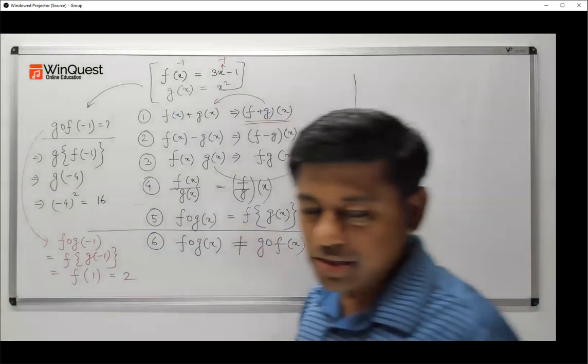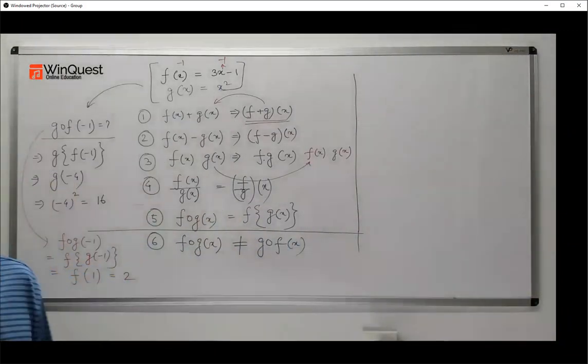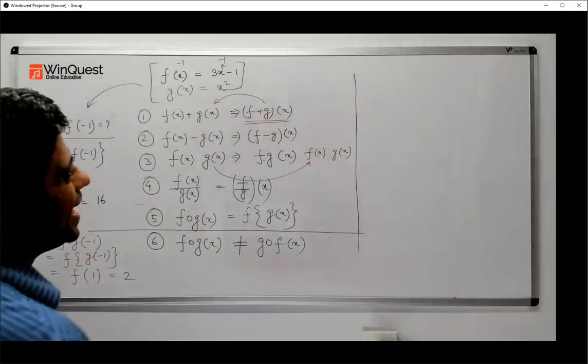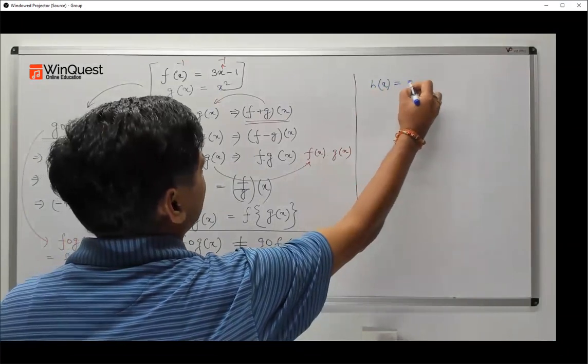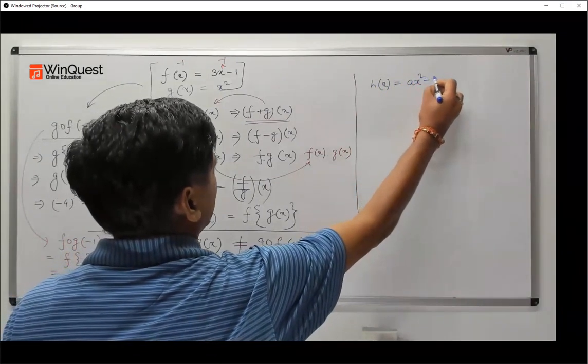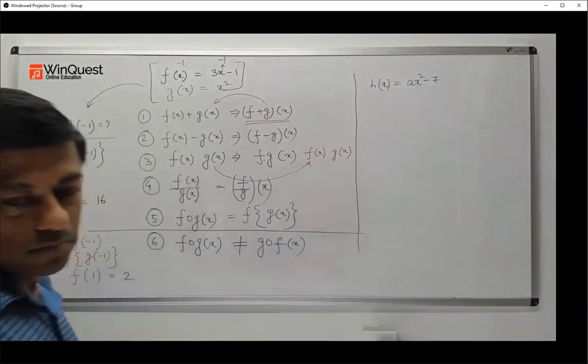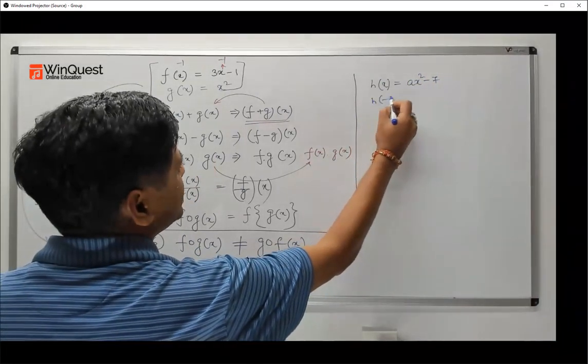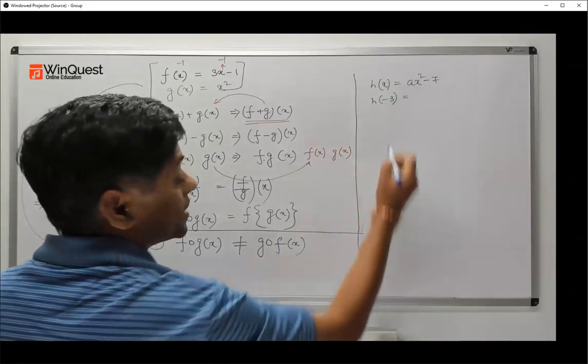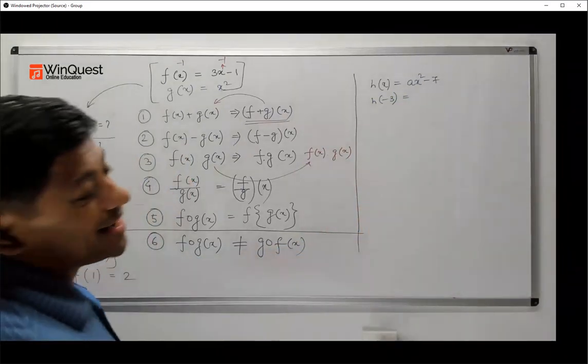This is how they give it to you. They will give you h of x, a function written as a x square minus 7. And h of minus 3 is given as equal to 29.